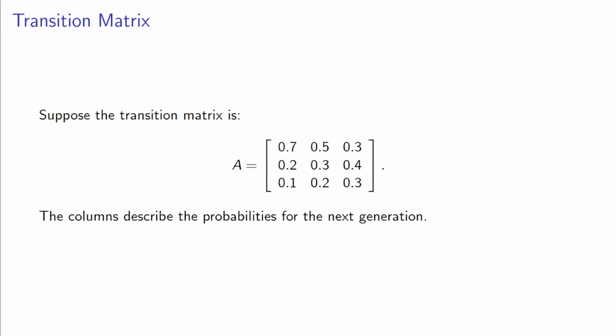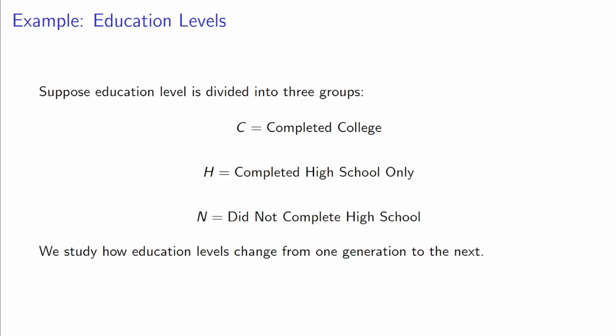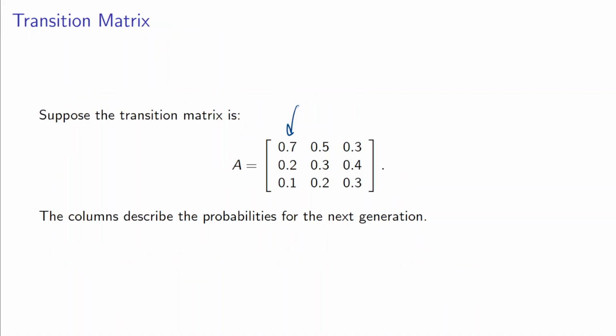Taking this first column, 0.7, 0.2, 0.1, that first column is going to be representing the transitions from the completed college group to the other groups.